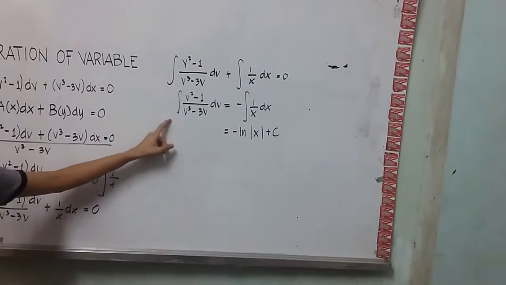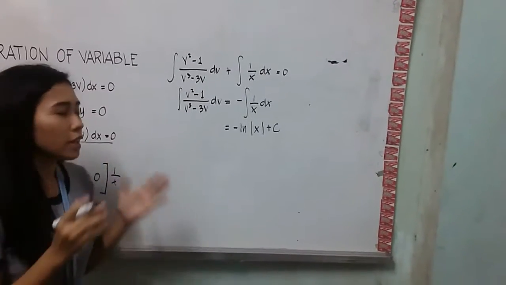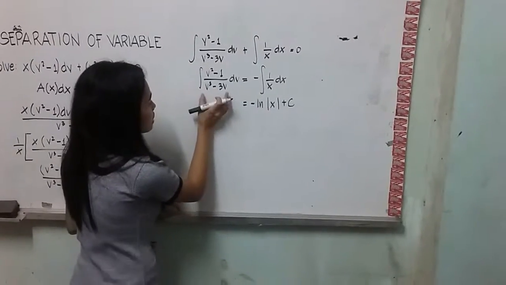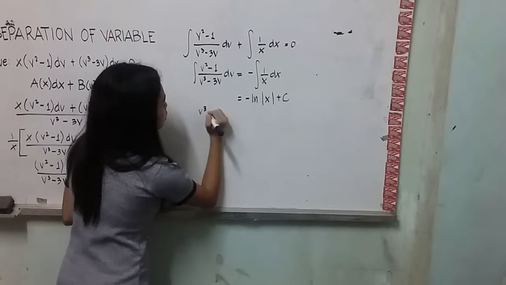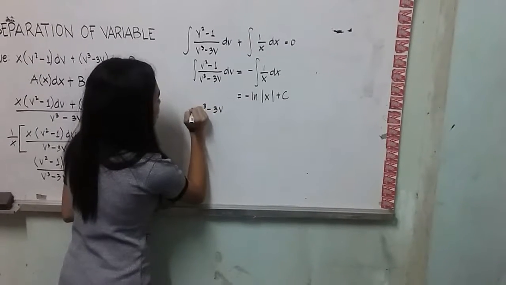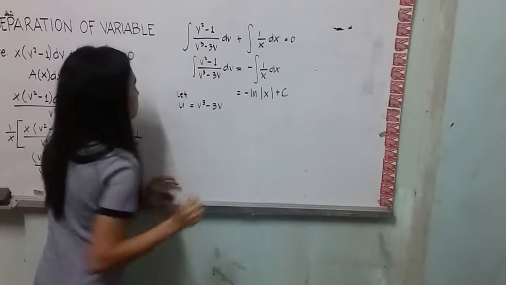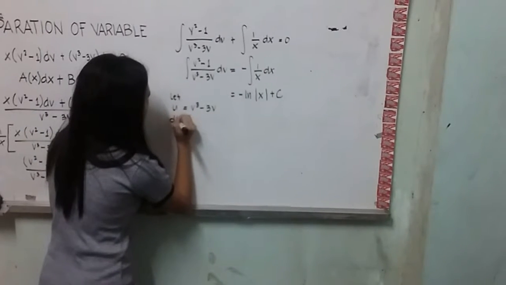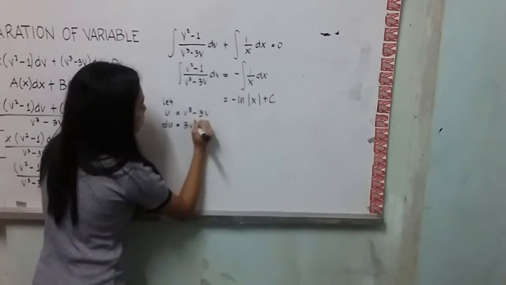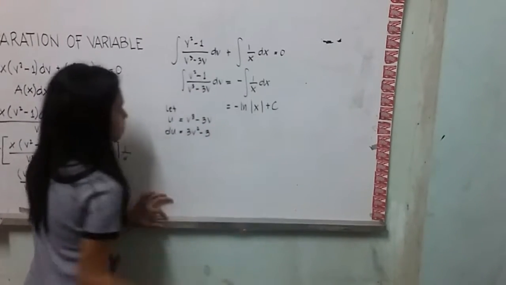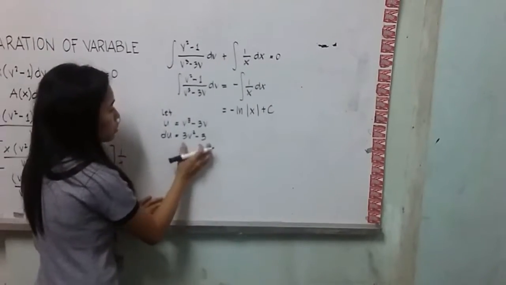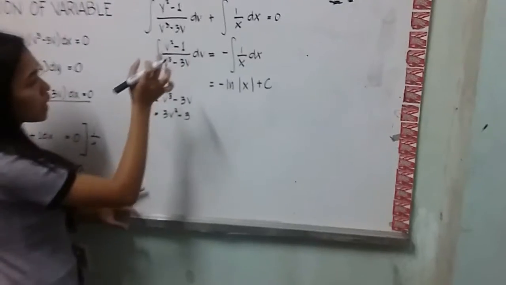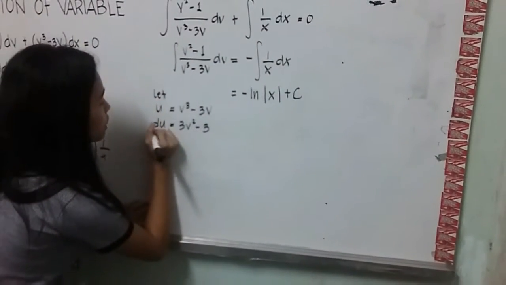So here, this equation cannot be easily integrated, so we will use substitution, let u. So we will let v cubed minus 3v equal u. So the derivative of this equation is 3v squared minus 3. So we will divide both sides by 3, so we can get the derivative in terms of v squared minus 1.